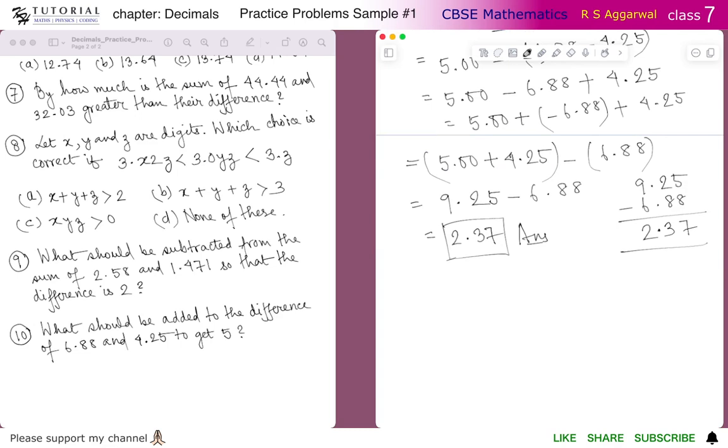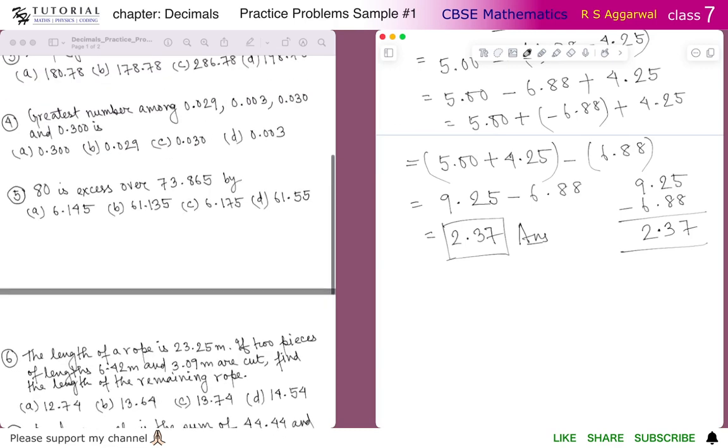So that was it. I hope this set of problems will help you apply your concepts on decimal numbers regarding all the topics we have discussed, that is addition, subtraction of decimals, conversion of decimals to fractions to decimals, and comparing decimals. All these concepts will be evaluated well from this set of problems.